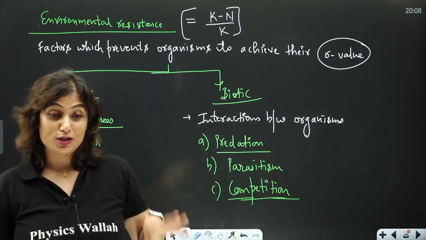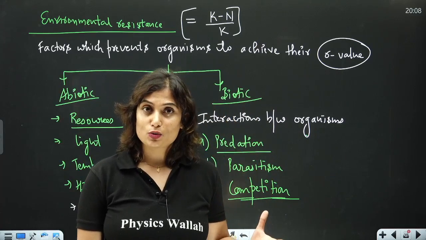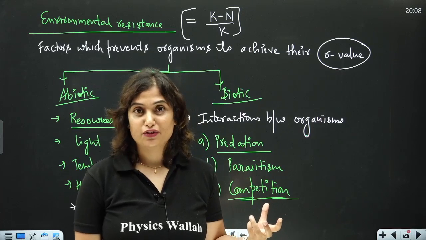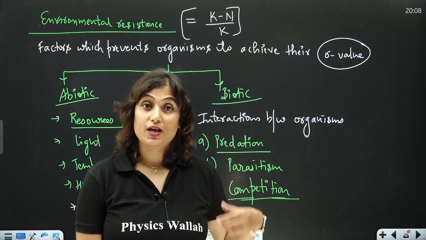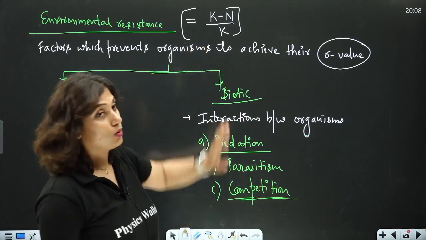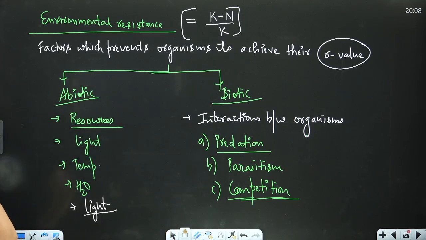So I hope you understood that in a logistic growth curve, under the conditions of limited resources, an organism is unable to achieve its maximum reproductive fitness, its R value, because of the environmental resistance and the carrying capacity. And this is the formula for environmental resistance, that is K minus N upon K.